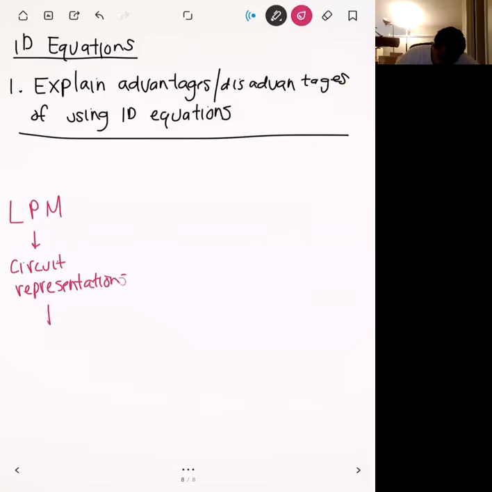The nice thing about LPMs is that they're 0D, meaning they were circuits and there was no dimensionality involved. Additionally, they were governed by ODEs, or ordinary differential equations, and because of that, they were insanely quick to solve.